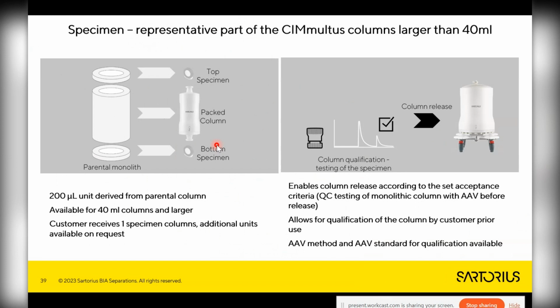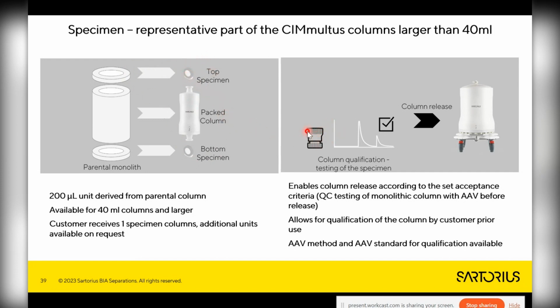So how do we do this now with CGMP compliant columns? We basically cut a ring from the monolith from the top and the bottom before we mount it to the housing and pack the column. And we decided, similar to porous particles, where we take a small sample after the big batch of particles, we took a small specimen, cut it from this ring, the bottom and the top, and put this specimen into a small housing.